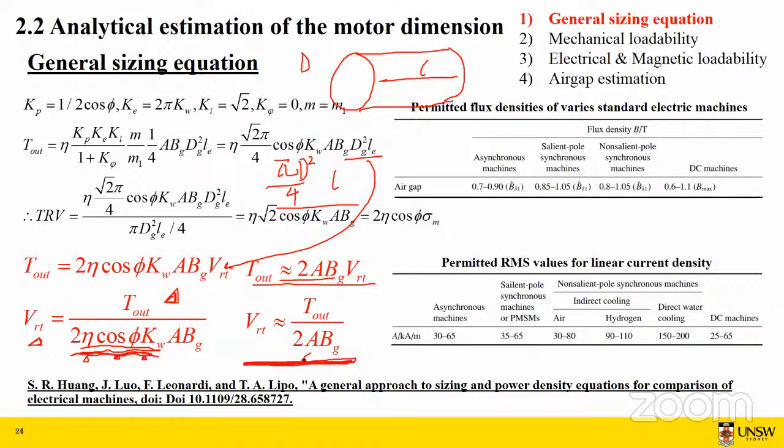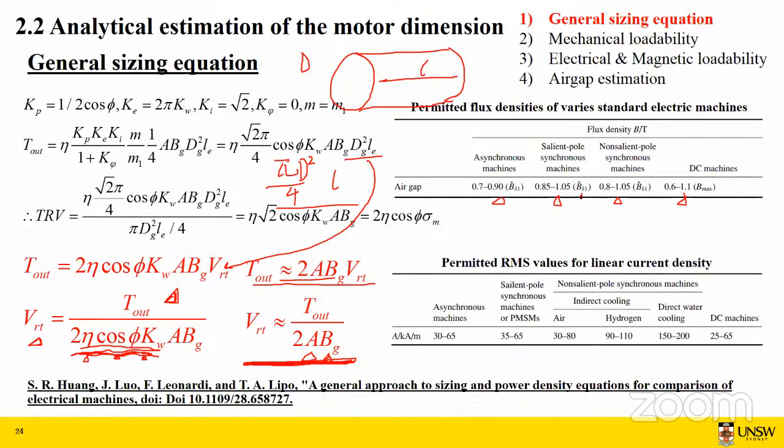And the linear current density and the air gap flux density you can find from these 2 tables. These are values based on previous studies and engineering experience. For example, if we have a salient pole synchronous machine, typically the air gap flux density should be between 0.85 and 1.05.